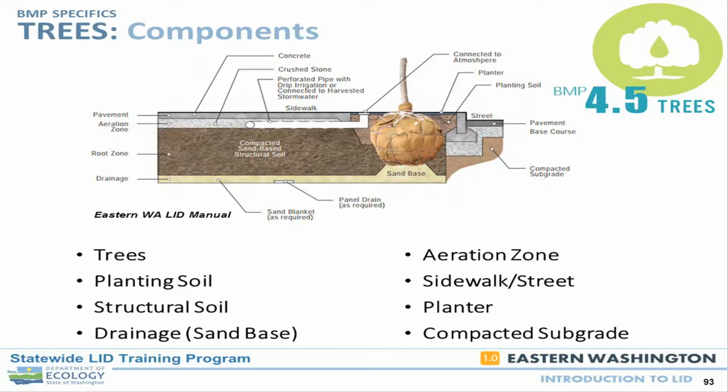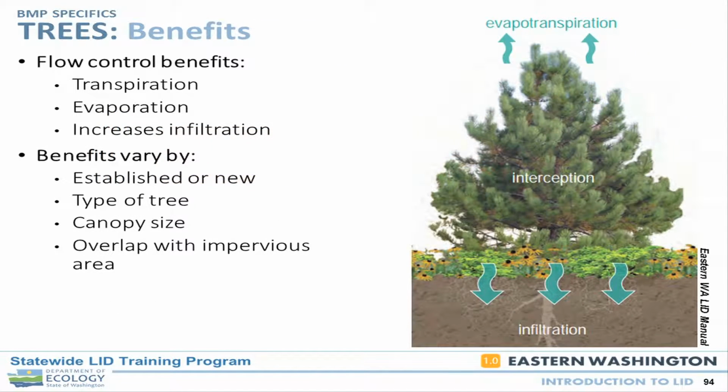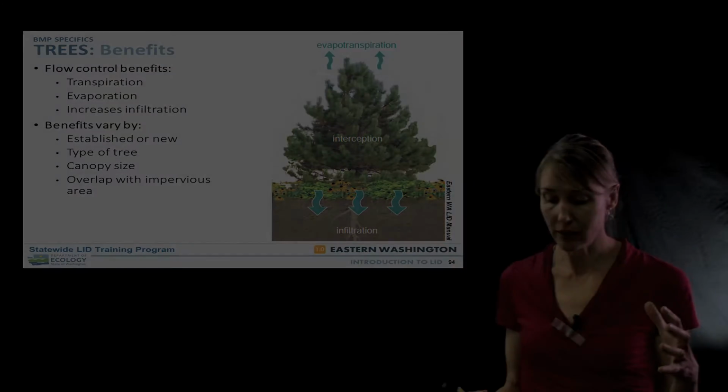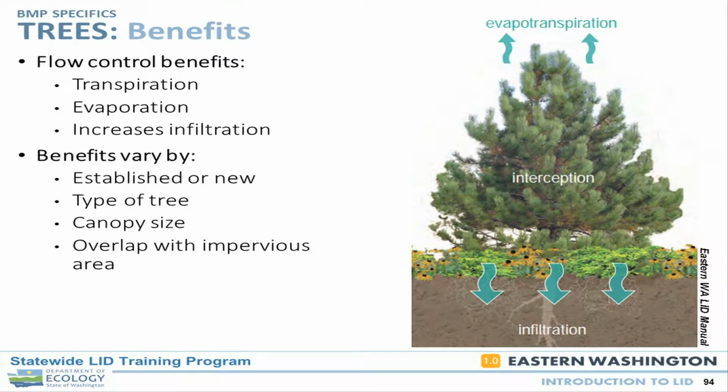So there's a lot of great stuff that's happening both above ground as well as below ground in terms of trees. And so for above ground, trees are intercepting and storing precipitation. They're also promoting evapotranspiration, and they are slowly releasing the intercepted precipitation from both the foliage as well as the bark down into the soil.